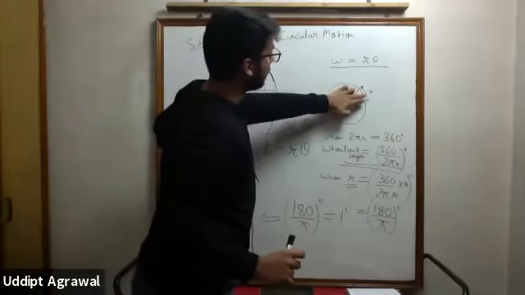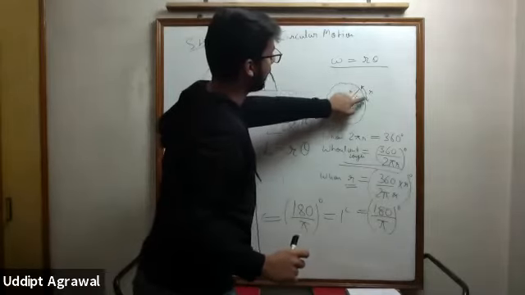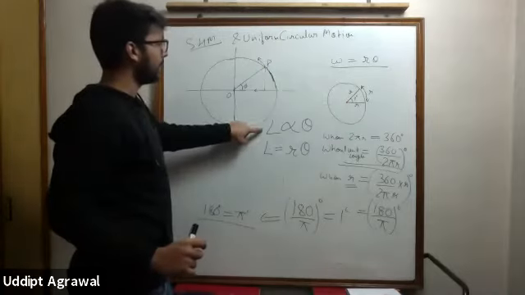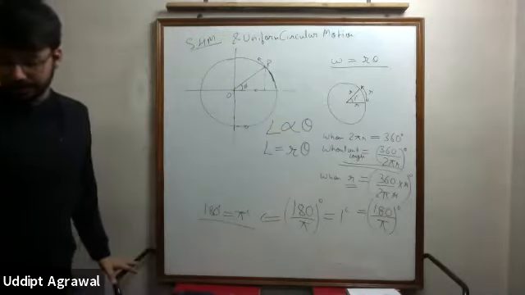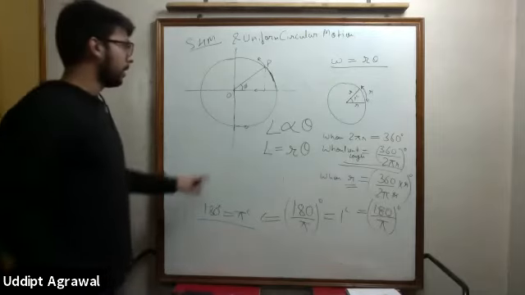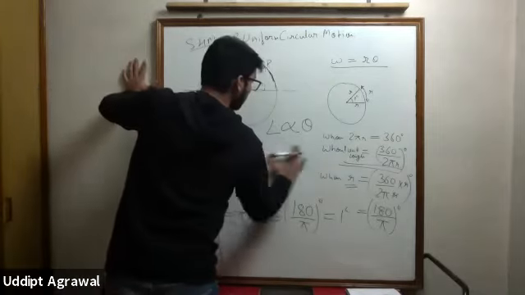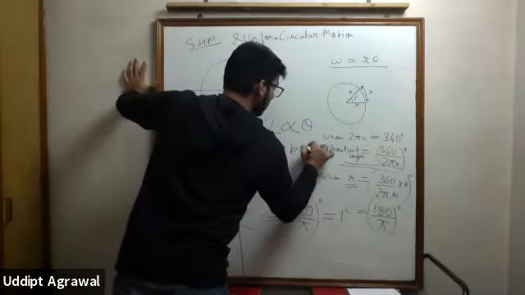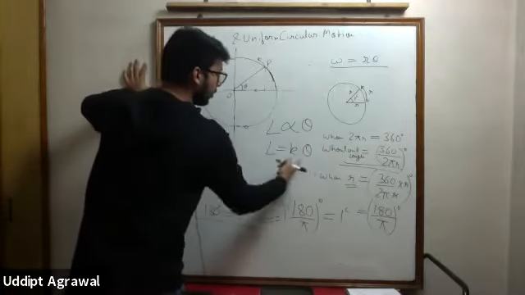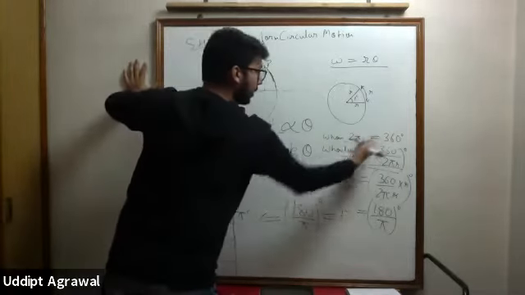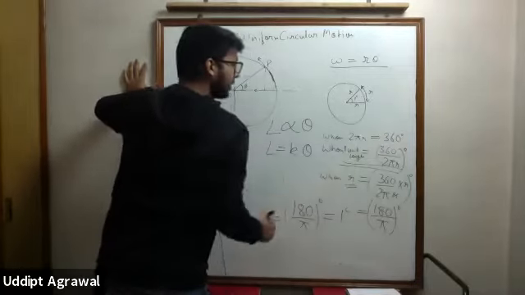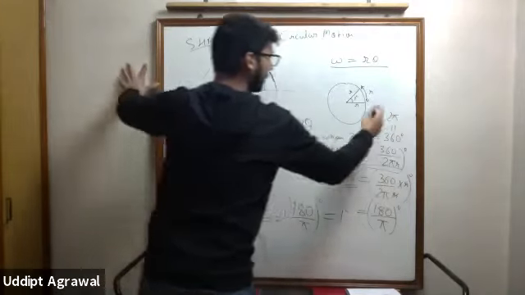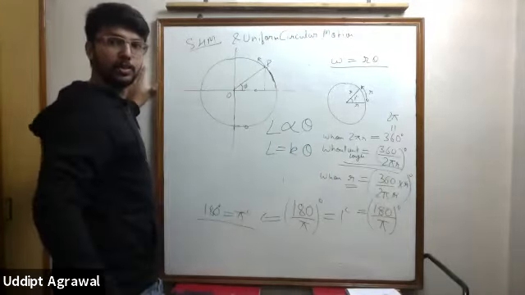As the length of the arc changes, my theta is also changing along with it. So my length is directly proportional to theta, right? Now I can remove this proportionality sign and write an arbitrary constant k. To fulfill this criteria, I already have one relationship, which is 2 pi r will give me 360. I'm now writing 360 as 2 pi because we've already found that relationship in radians.